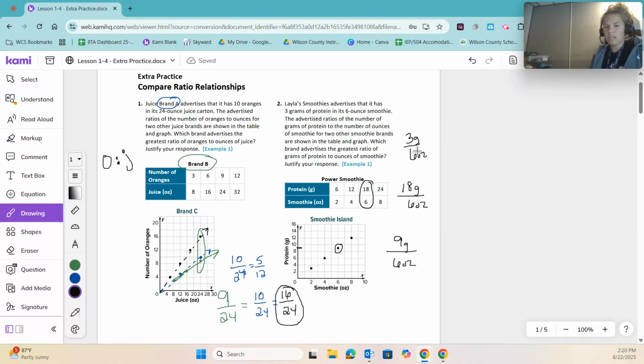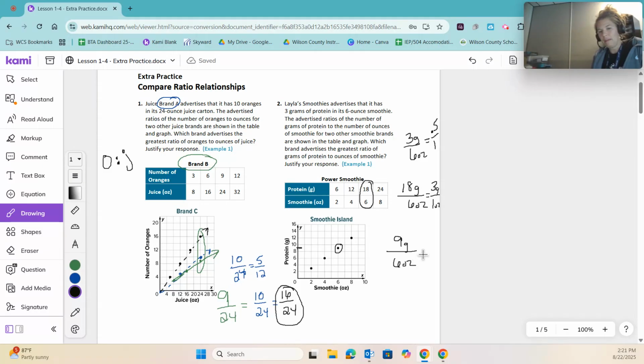Now, if I wanted to find my grams per 1 ounce, I could divide these. 3 divided by 6, and I'm going to get 0.5 grams per 1 ounce of smoothie for this one. And for the power smoothie, I'm actually going to get 3 grams per 1 ounce of smoothie. Okay, 18 divided by 6 is 3. Okay, 3 grams per ounce.